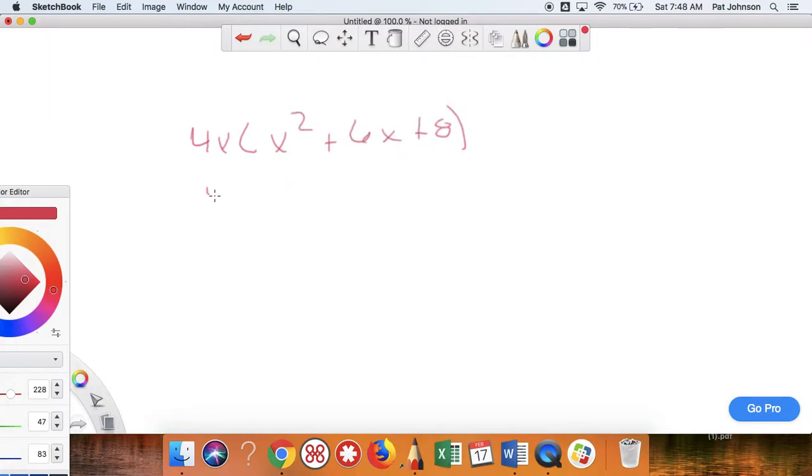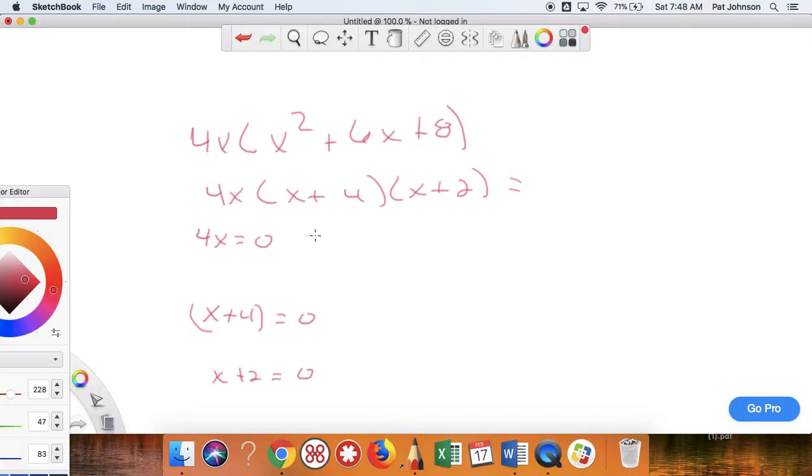Now I need to factor it. So x plus 4 times x plus 2. So these are times each other, and I've got these factors. So I'm going to set each one equal to 0 to find out when it's undefined, because if any one of these is 0, it's going to make the denominator 0.